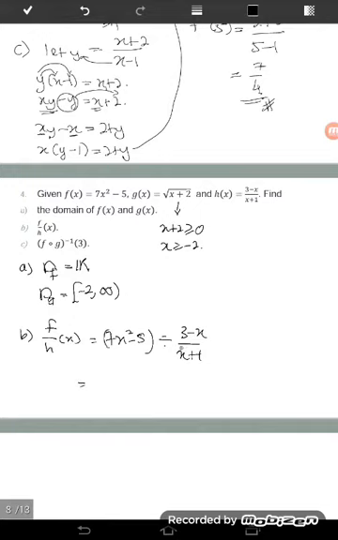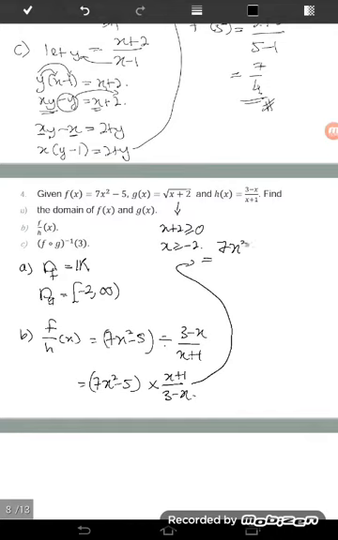Okay, so with the concept of fractions, divide changes into multiplication. So it changes into multiplication, becoming x plus 1 over 3 minus x. So here we have 7x squared minus 5 times x plus 1 over 3 minus x.